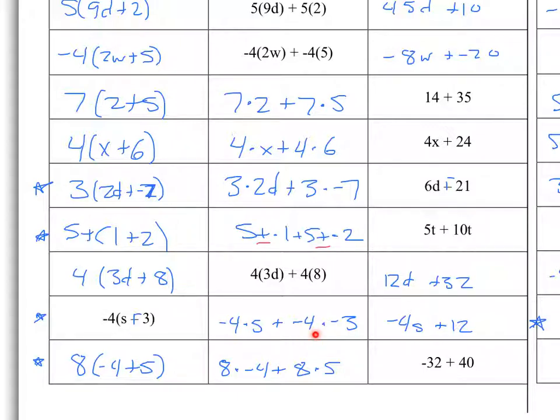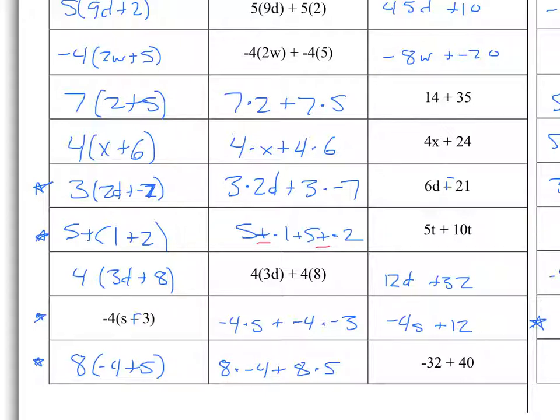So we have a negative times a negative, which gives us a positive 12 over here on this side. And the last and final one, this is the same thing as the 2 above. When we're factoring out, here we have a negative, so that means one of the 2 multiplications needs to be a negative.